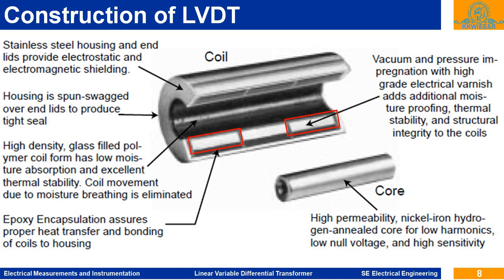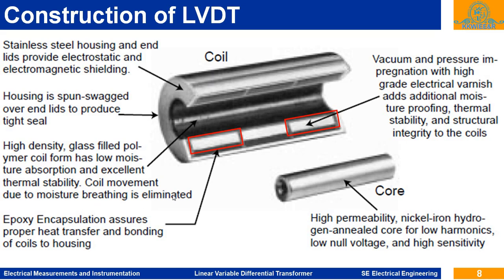It is made solid by using these fillings. The second purpose of this solid is good thermal or heat dissipation, so that it achieves excellent thermal stability, and coil movement due to moisture breathing is eliminated.